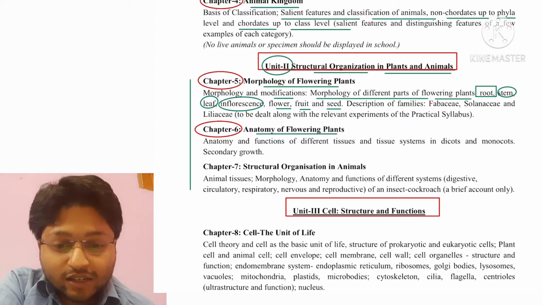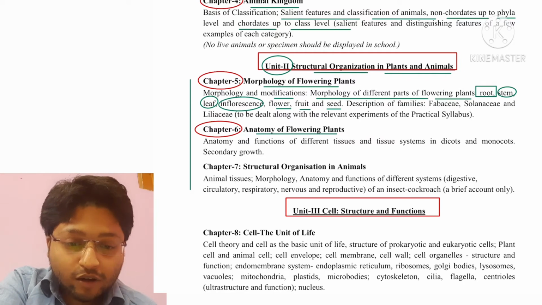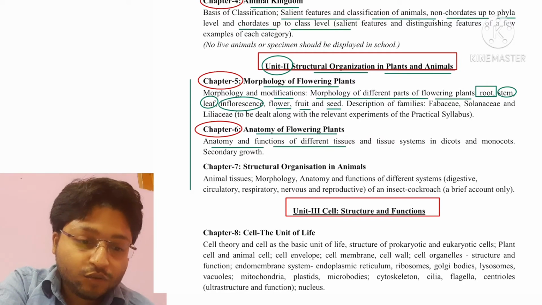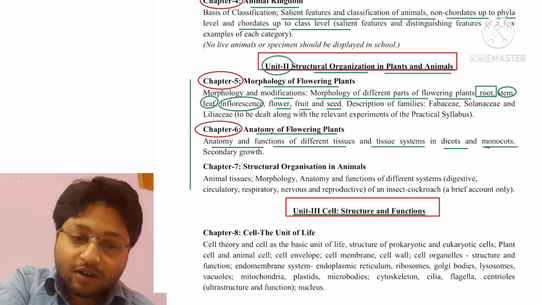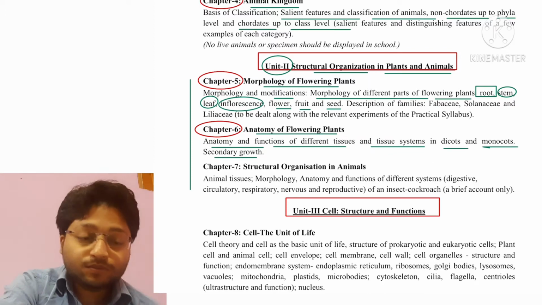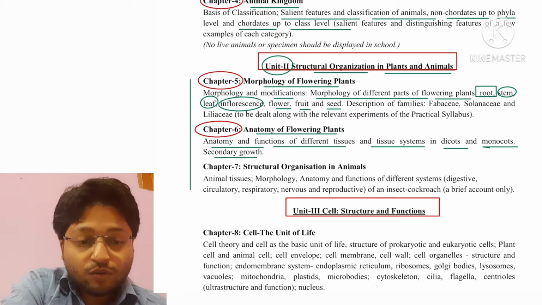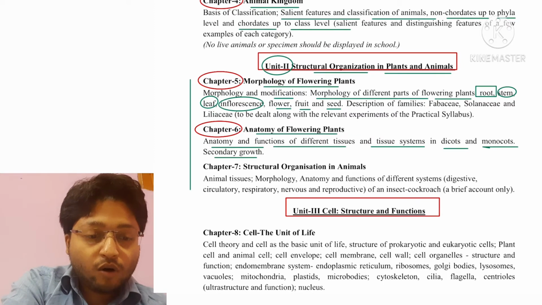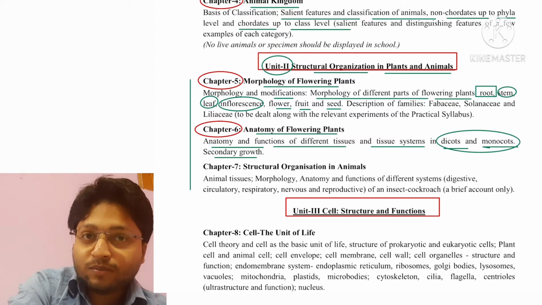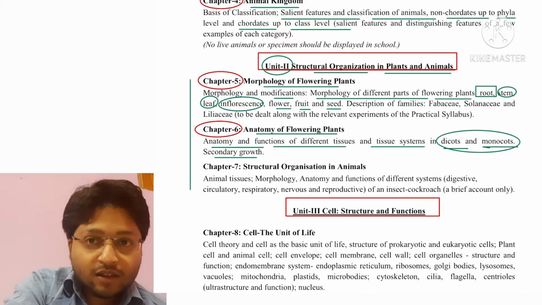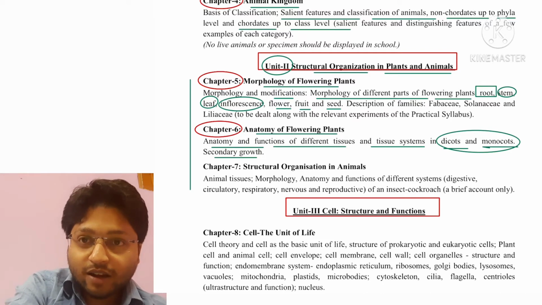So this chapter deals with, you can see, the anatomy and function of different tissues and tissue systems in dicots and monocots, and secondary growth also. Dicots and monocots means, you know that the most advanced plant group, the angiosperms, are of 2 types, monocots and dicots, right?